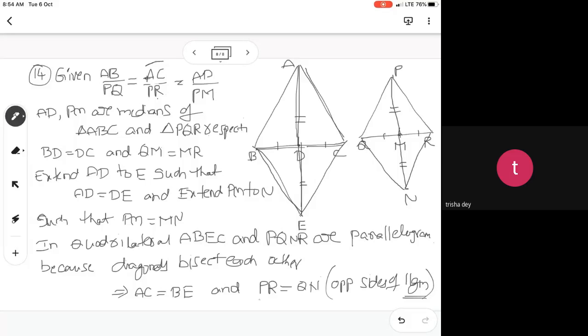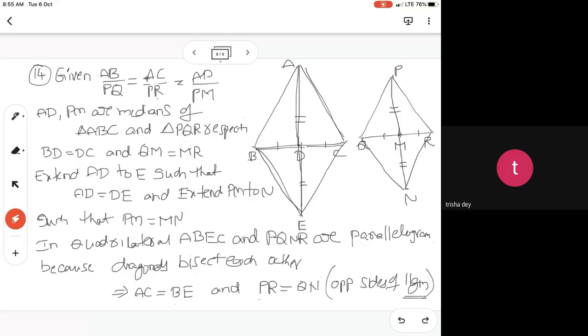In the place of AC you can replace BE, and in the place of PR you can replace QN. So what do you get? AB by PQ is equal to AC replaced with BE, BE by QN, and here I multiply by 2, 2 AD.